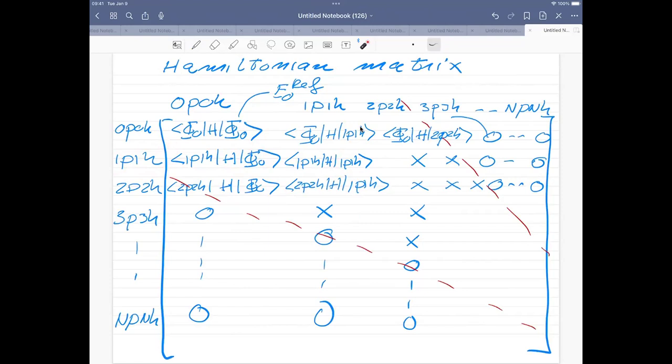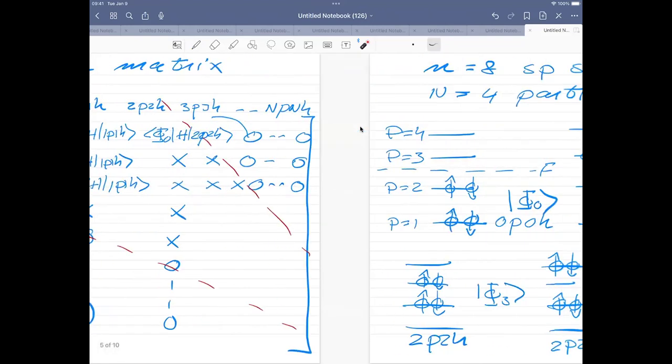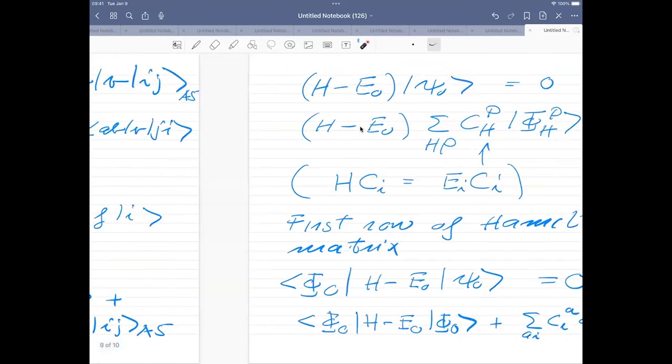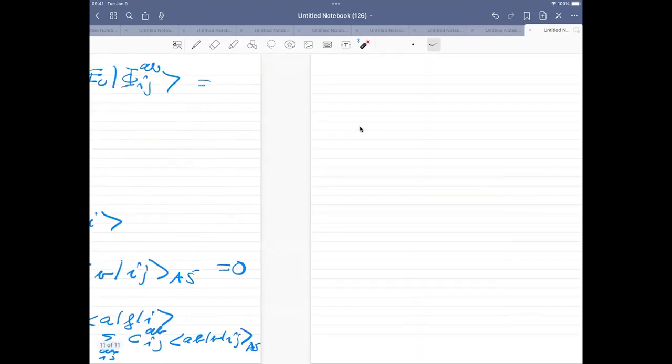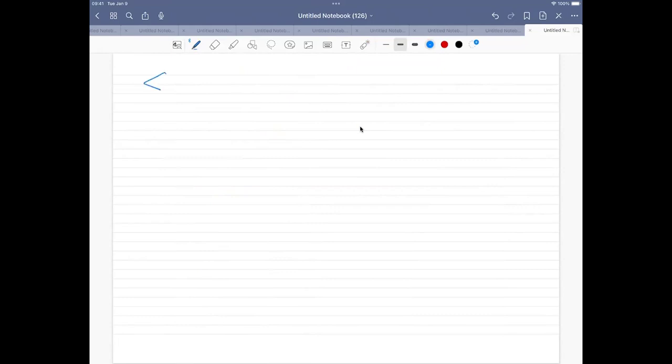Actually, we have a set of one-particle, one-hole states, but now we are going to repeat the same exercise which we did here, but we are going to multiply with a one-particle, one-hole state, and then we're going to take H minus E0, and this is now multiplied with psi 0. And this obviously is also equal to 0, because we have pulled over E0, okay? So let me just write this out before we take a break.